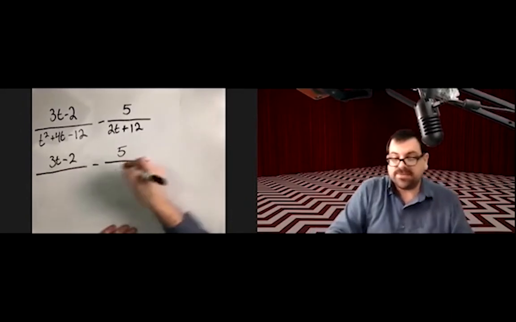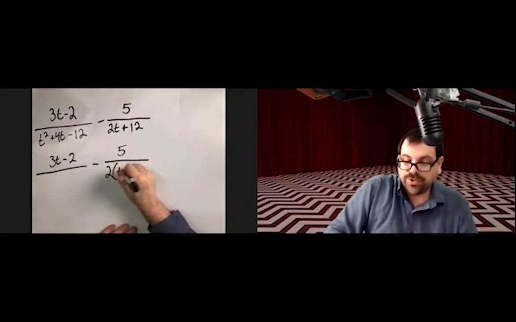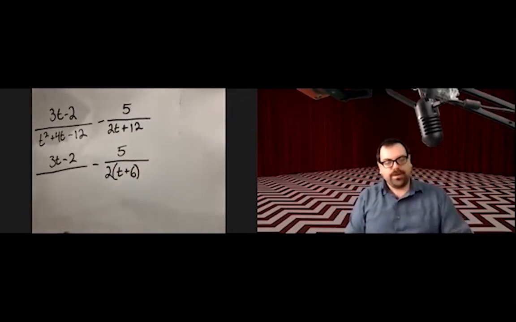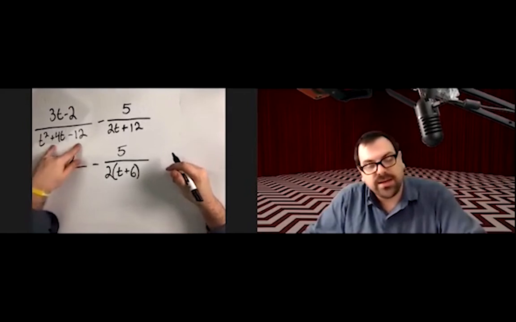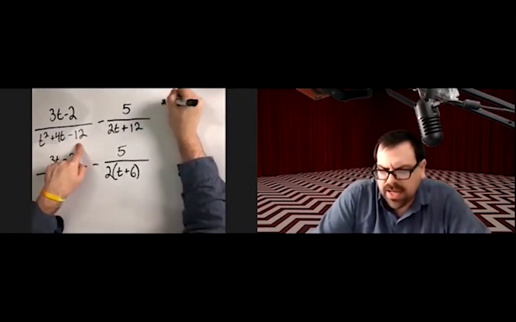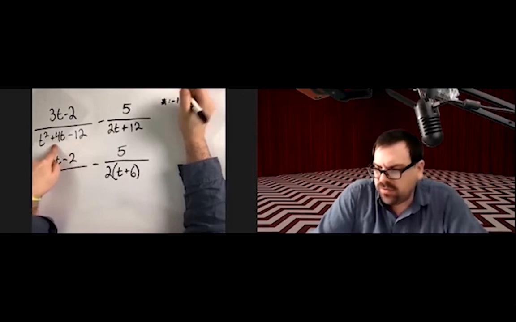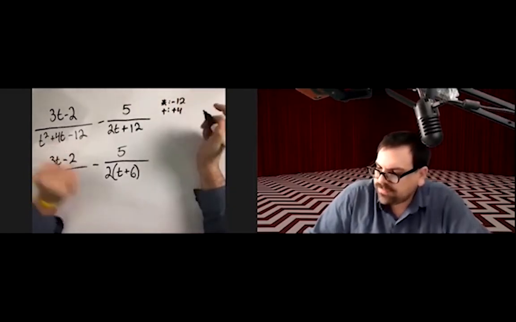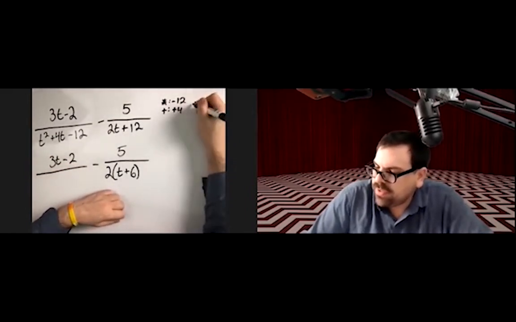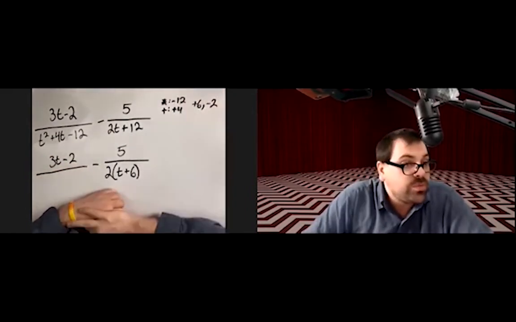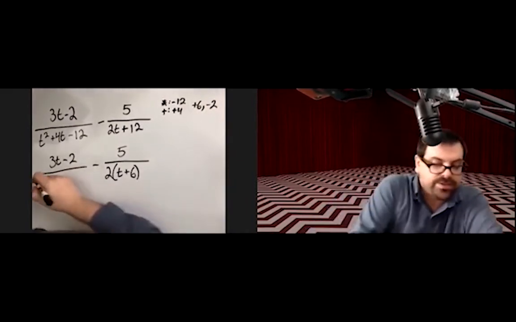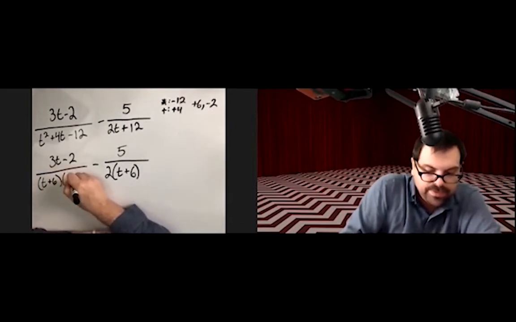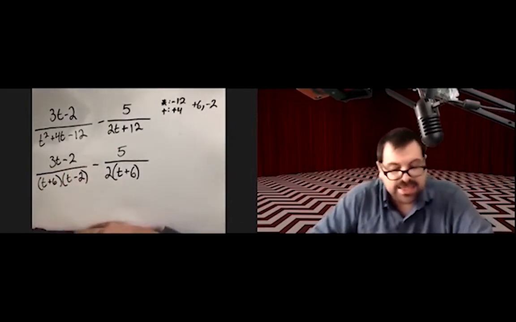This one's easiest because we can factor out a 2, and we're left with t plus 6. Over here, we need numbers that multiply to negative 12 and add to positive 4. These numbers are plus 6 and minus 2. So this is t plus 6 times t minus 2.